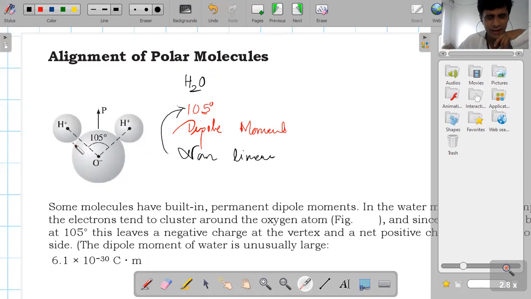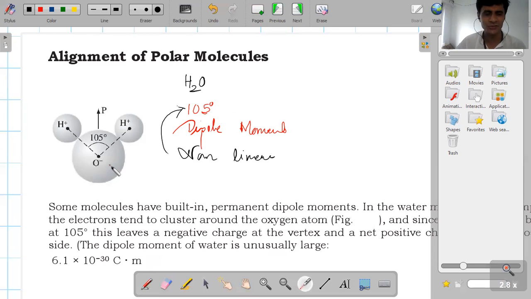Oxygen is at the center between the hydrogens, and the angle between the two hydrogens is about 105. In the exam, if I ask what is the angle between two hydrogens in a water molecule, you should select 105 degrees.